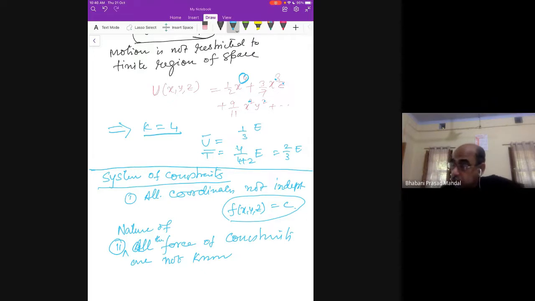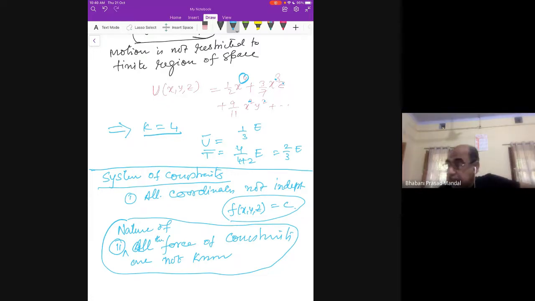So this situation cannot be handled, then you cannot go to Hamilton's principle, and you need another approach to find the equation of motion. What is the force of constraint? The force that causes the constraint, that is not known a priori, beforehand.